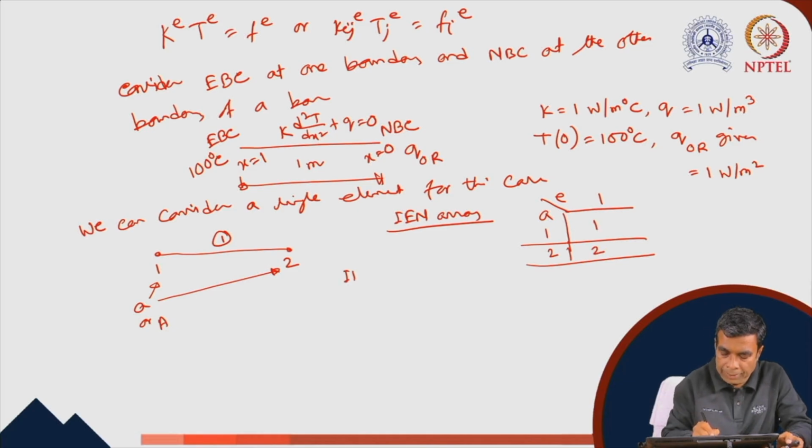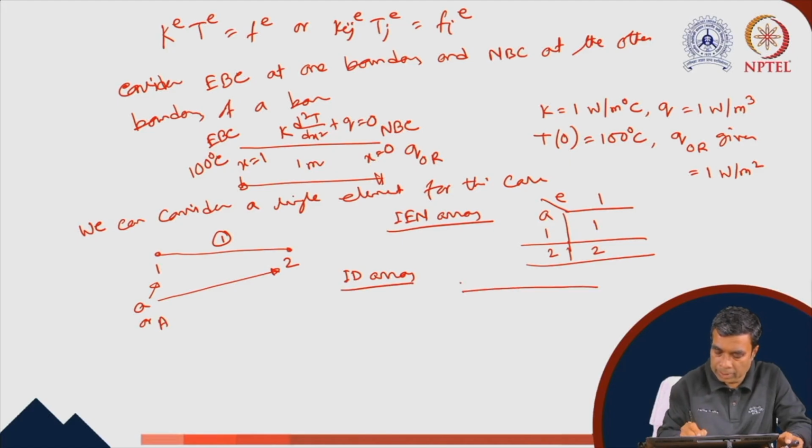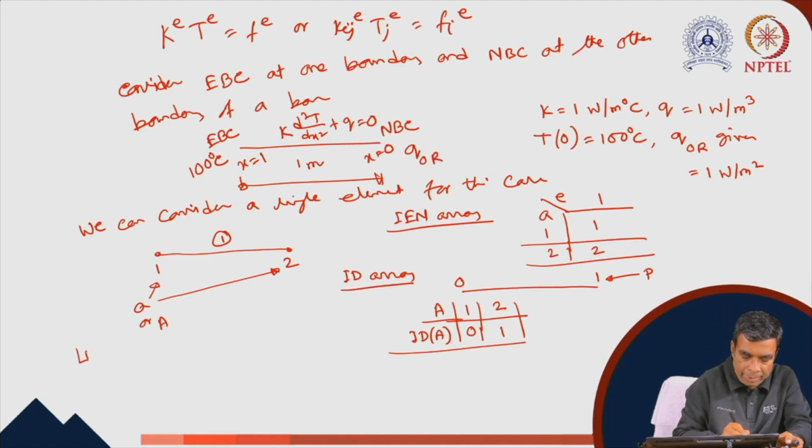If we go for the ID array, our equation number is 0 at the left boundary and equation number is 1 at the right boundary. So this is the global equation number condition. Then we are getting the array as A versus ID of A. This gives us at A equals to 1, ID equals to 0, at A equals to 2, ID equals to 1. Now we construct the LM array.